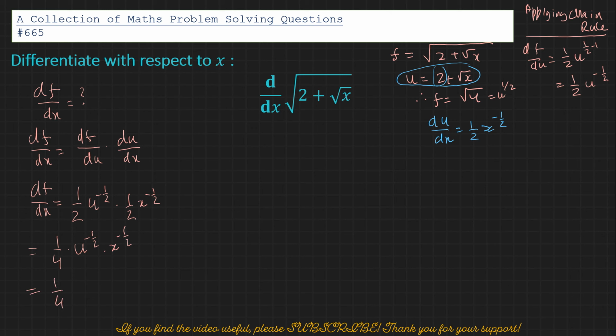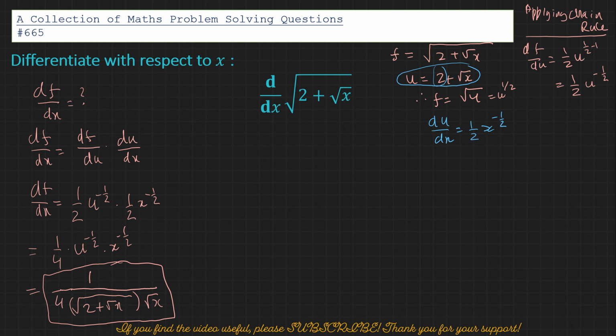Putting them all in the denominator, u to the power minus half is, with u being 2 plus root x, the square root of 2 plus root x, and x to the power half is root x. So that is one solution. That is the answer.